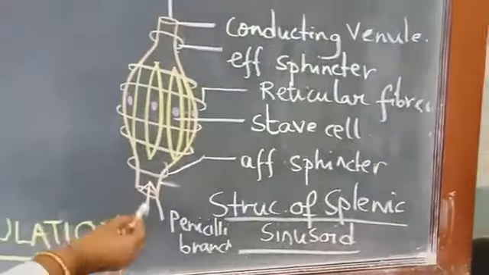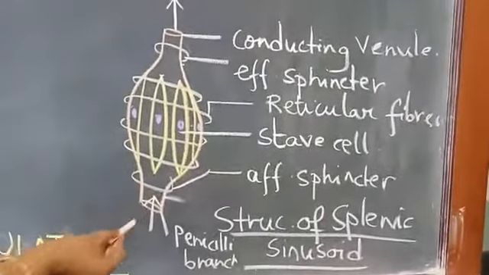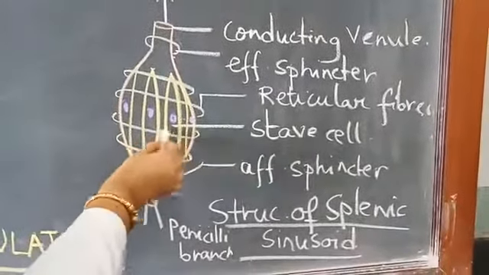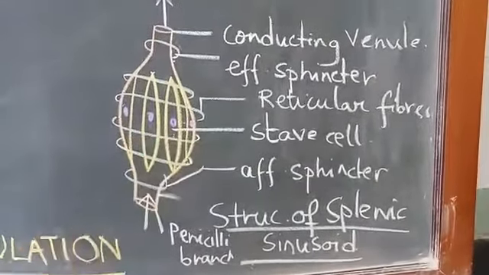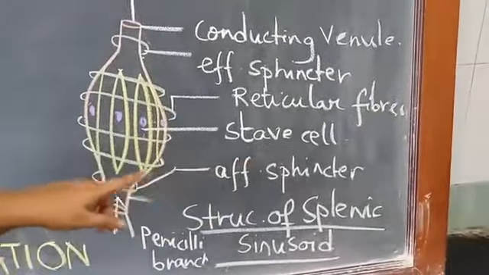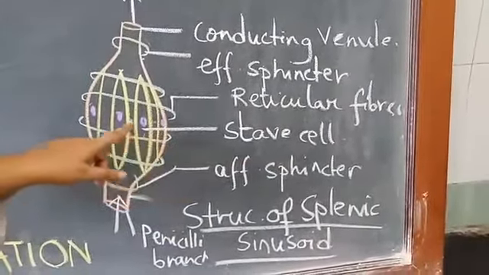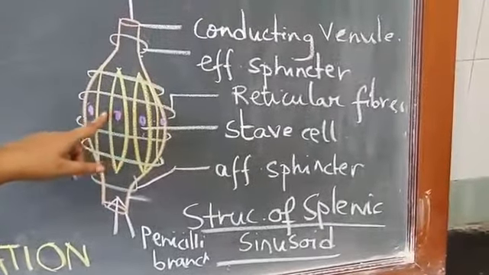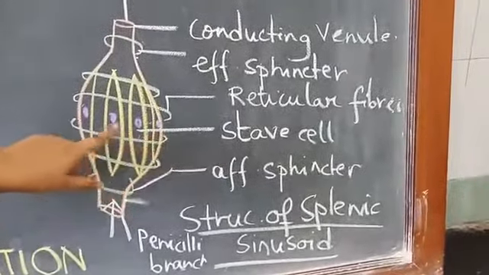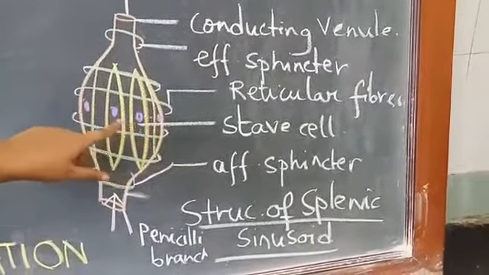This is the penicillar branches. Blood is entering through these splenic sinusoids. The wall of these sinusoids is surrounded by some specialized type of endothelial cells, and there are perforations in between them. These yellow colored cells are known as stave cells. These are discontinuous.